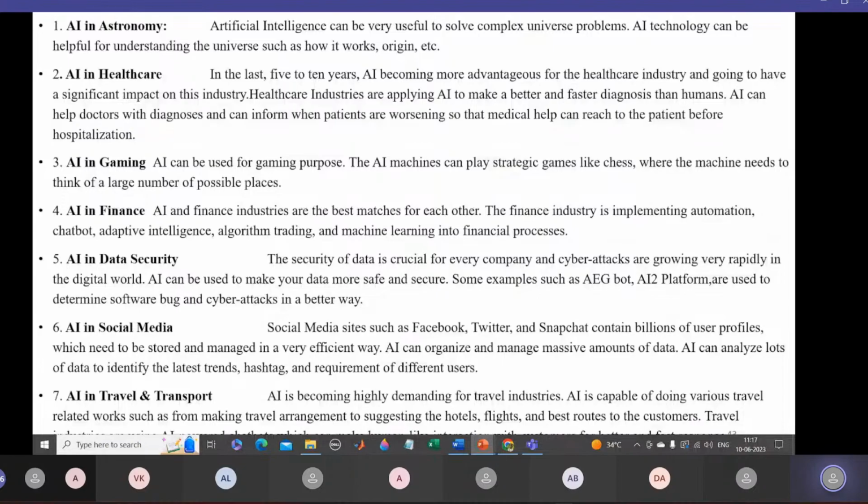Then data security, the crucial thing. Security of data is crucial because of cyber attacks. They can be made to make your data safer and more secure. Many examples are given here, meant for detecting software bugs and cyber attacks. Generally, whenever we say data security, earlier we used only firewalls.